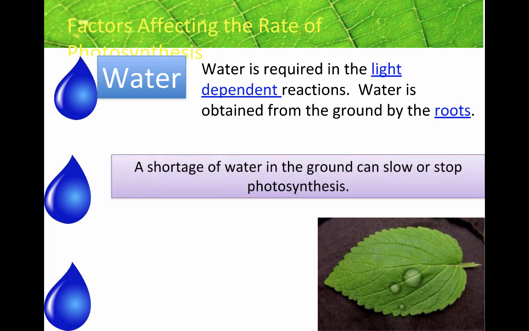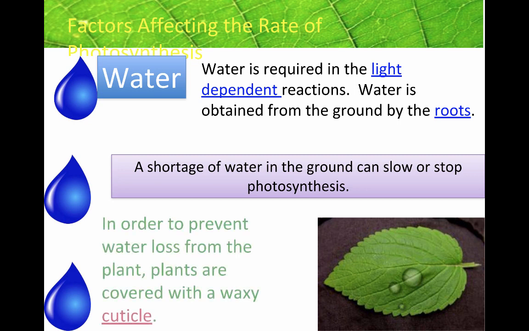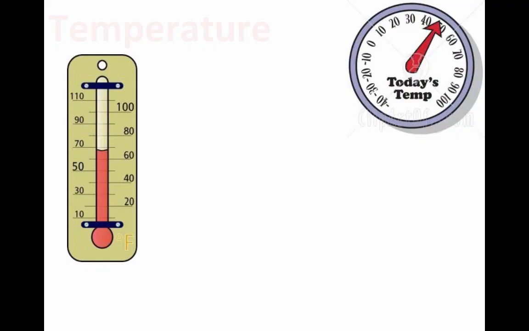And if there isn't any water in the ground, then there's not going to be any water for photosynthesis to take place. So plants try to slow down the water loss by covering their leaf surfaces with that waxy cuticle. Some leaves have a very thick wax, some a little bit thinner, depending on where they live. But that is one way that plants have evolved a mechanism to slow down water loss.